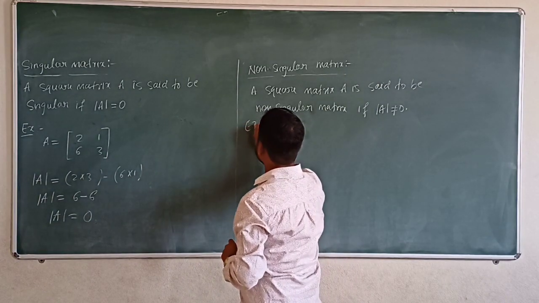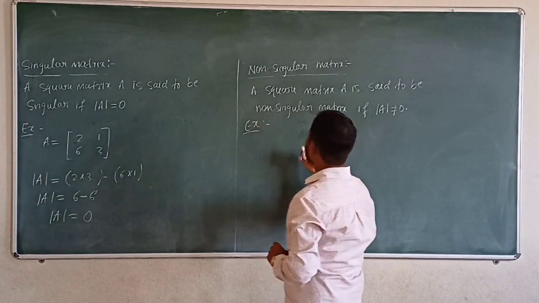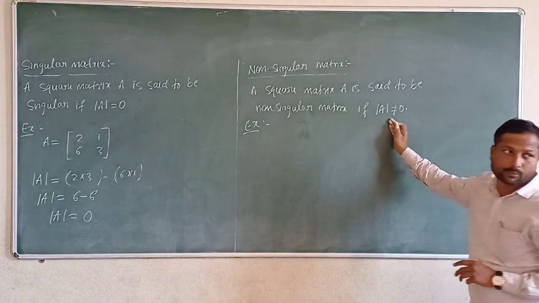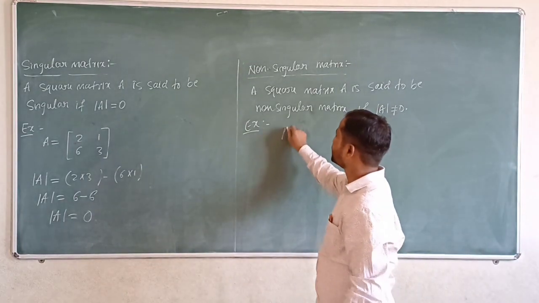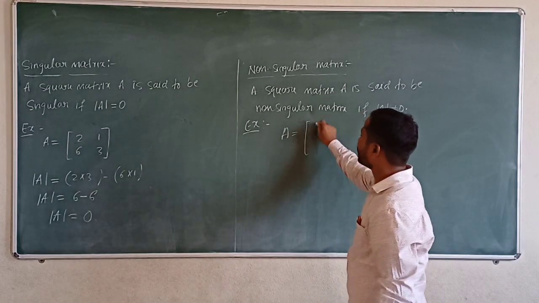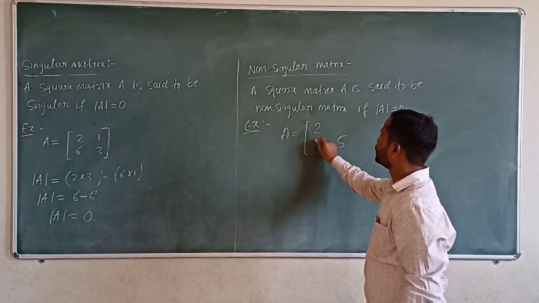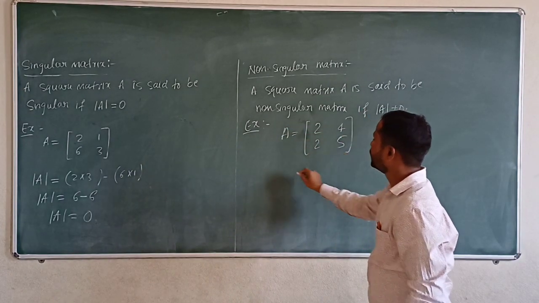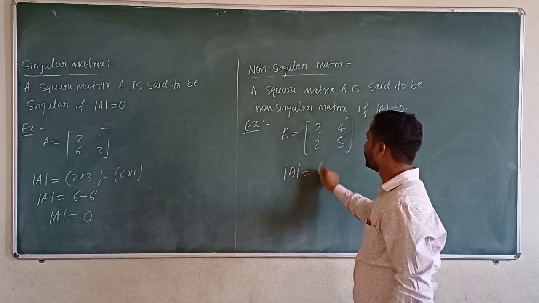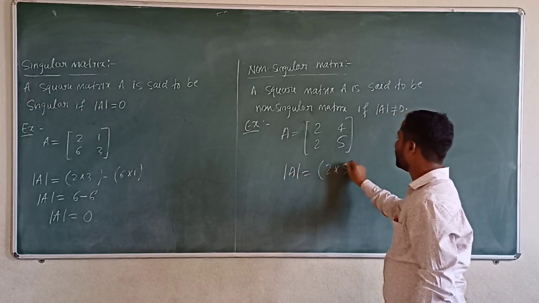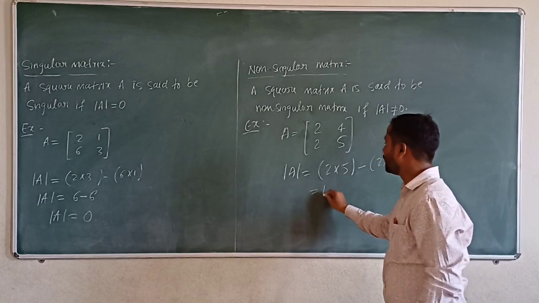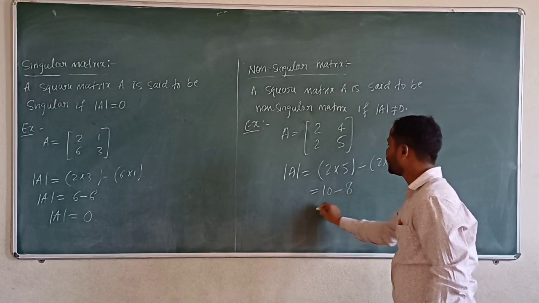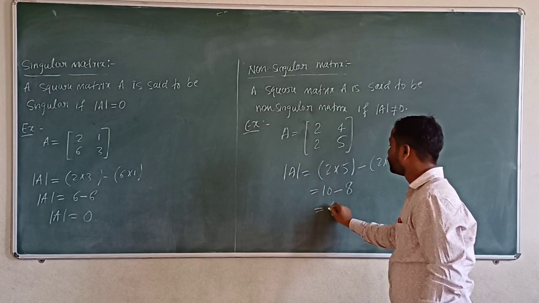The second one is non-singular matrix, meaning the determinant is not equal to 0. That is said to be what? Non-singular matrix. Example: matrix 2 5, 2 4, right. Then what is this determinant now? 2 into 5 minus 2 into 4. 2 5s are 10 minus 2 4s are 8. 10 minus 8 is 2 now.